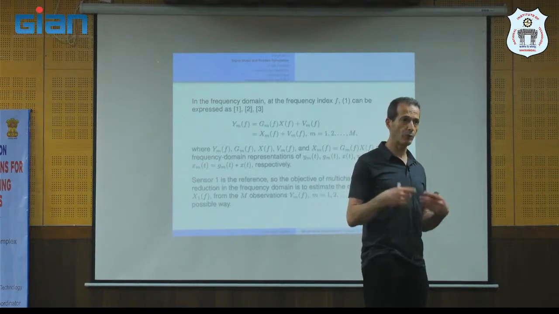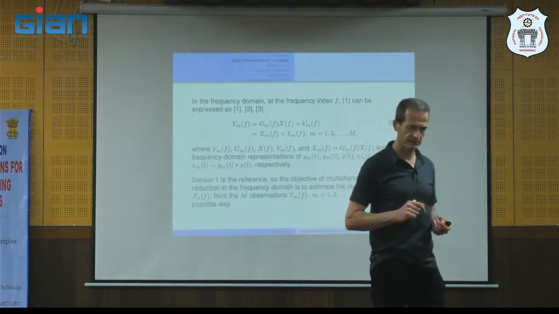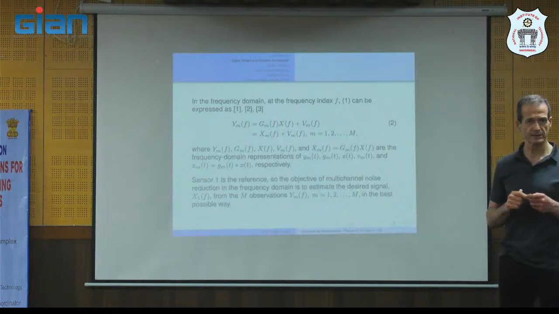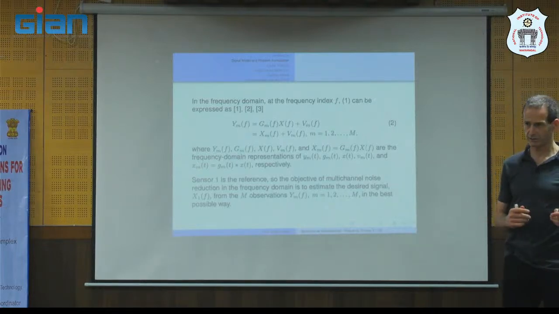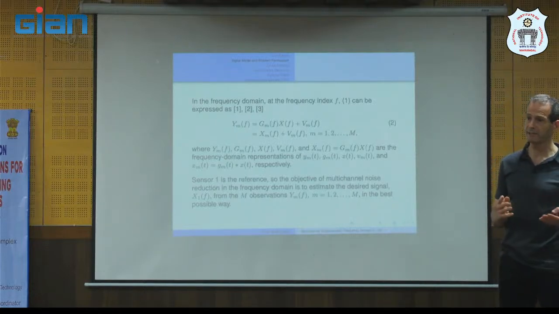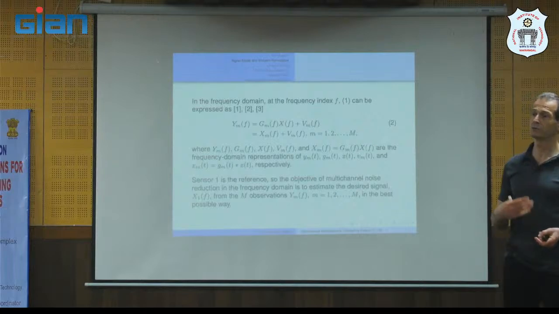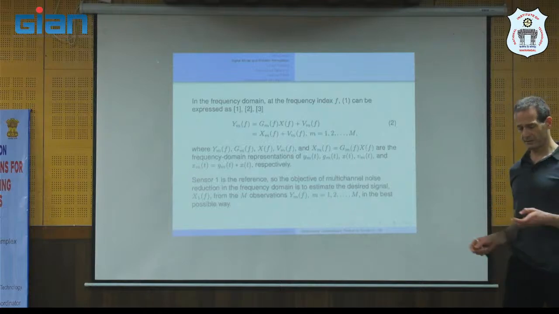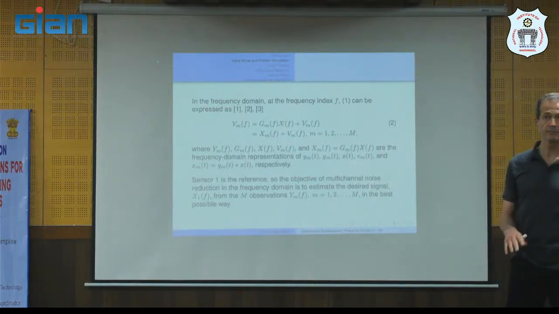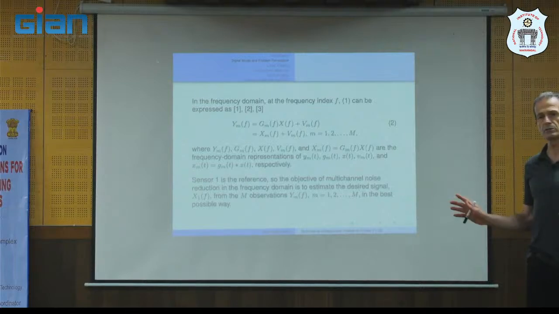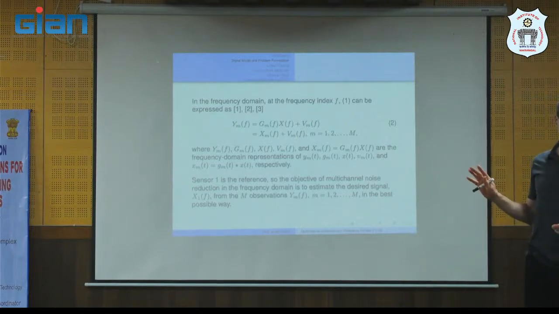If you have a reliable way to estimate correlations between different frequencies regarding the desired source and the noise, you can use them. But here, for simplicity, we don't try to estimate them, because maybe we don't know them, or maybe they are difficult to estimate, or maybe they change in time, and so on. So we simplify things. But of course, you can extend.